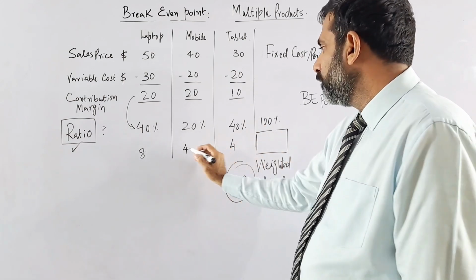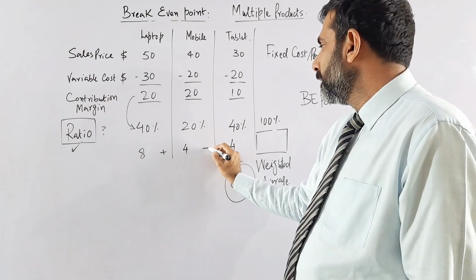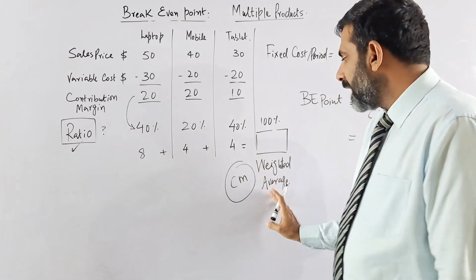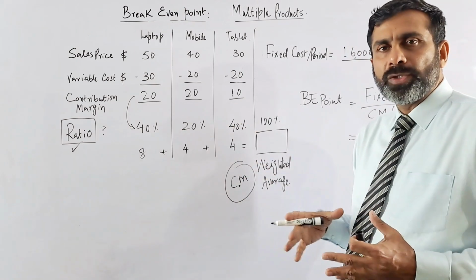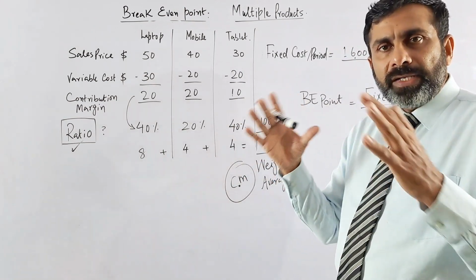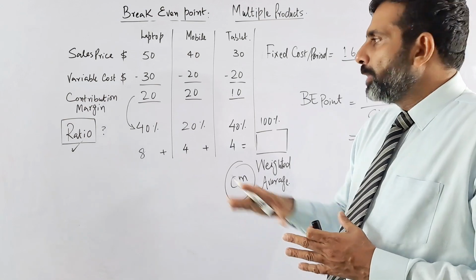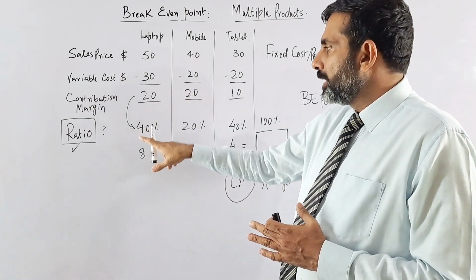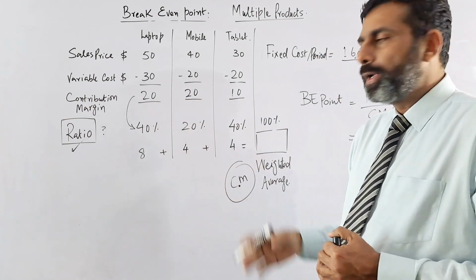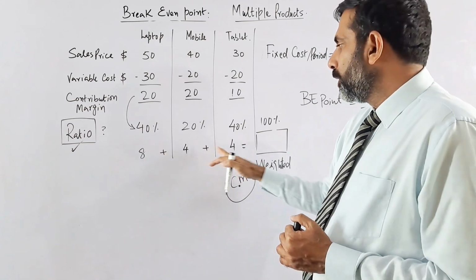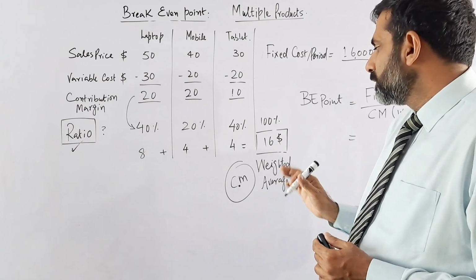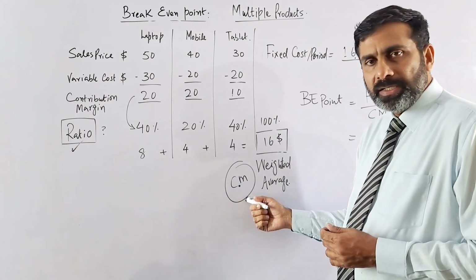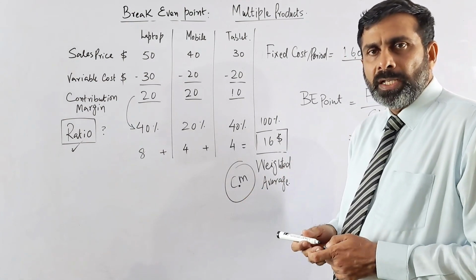Then we add these 3 to get the weighted average contribution margin. So 8 plus 4 plus 4 is $16. So $16 is the weighted average contribution margin.